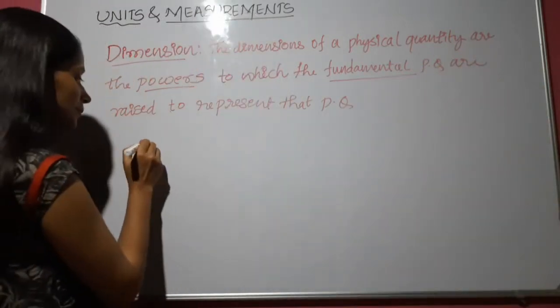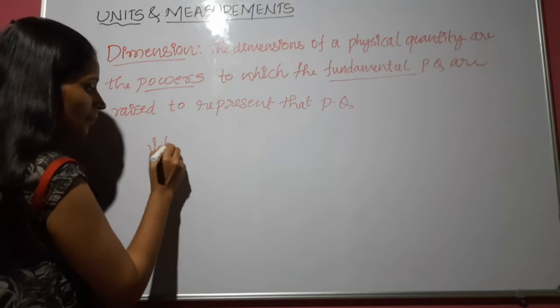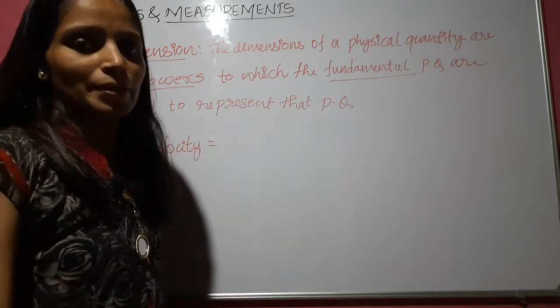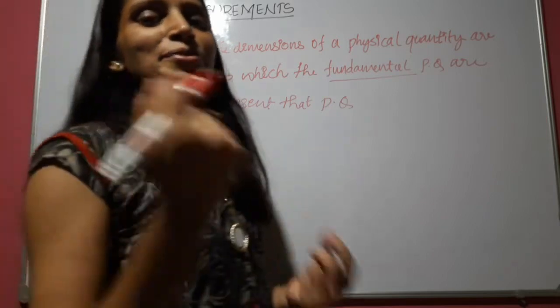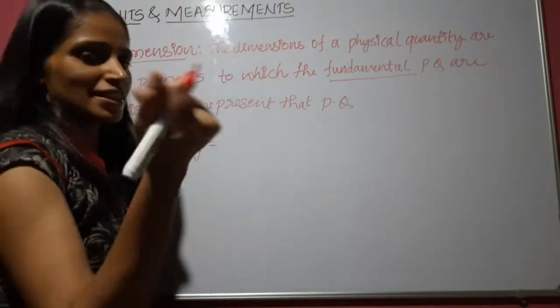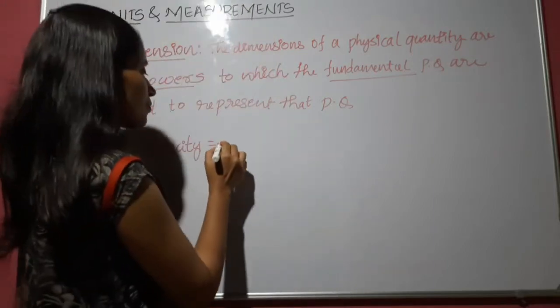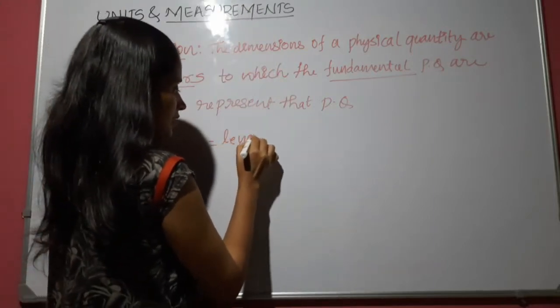Okay, for example, take velocity. The definition of velocity is the rate of change of displacement. We are going to study these things in the next chapter, motion in a straight line. So velocity is length by time.